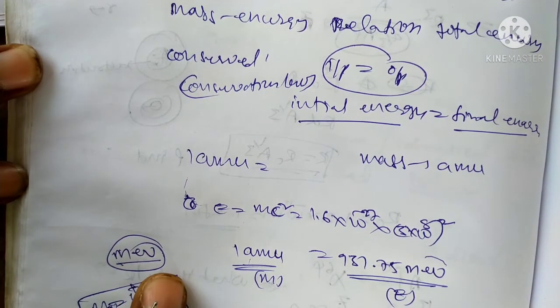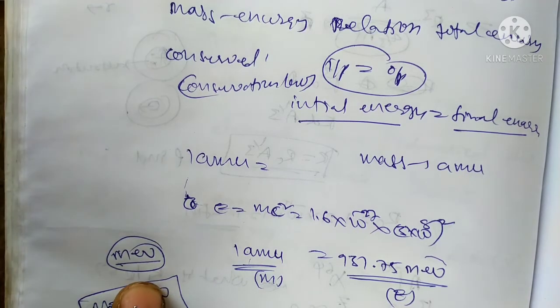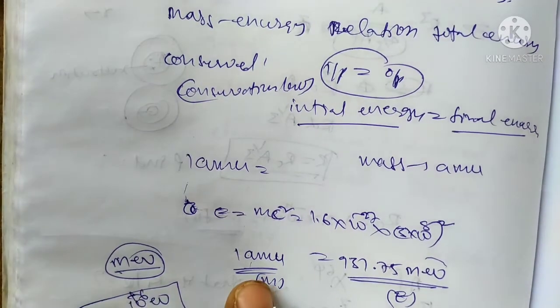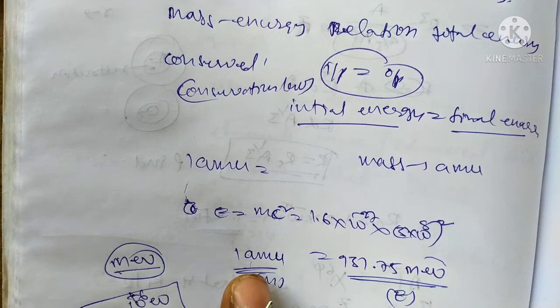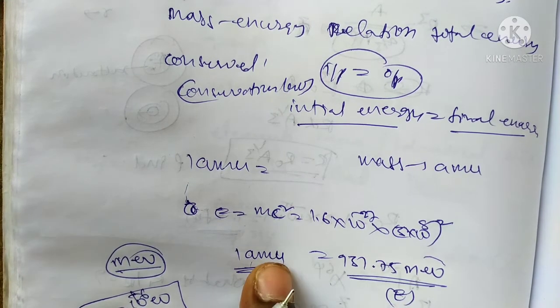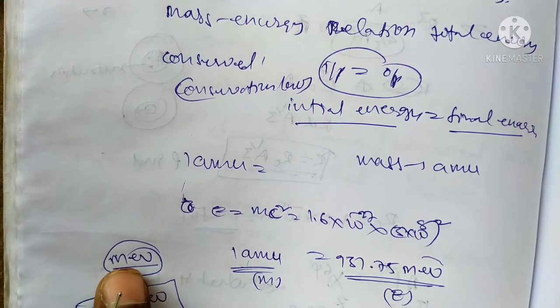In the other chapters, the unit of mass is kg for any substance, but in the nucleus chapter, mass is measured in AMU, atomic mass unit. Energy is in mega electron volts.